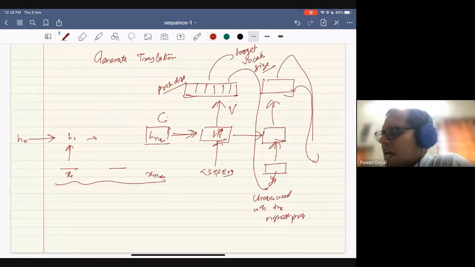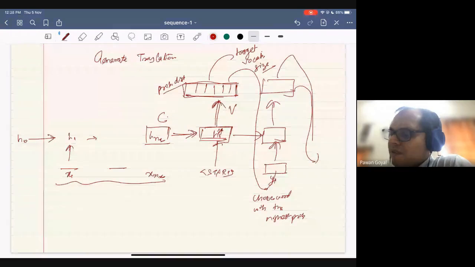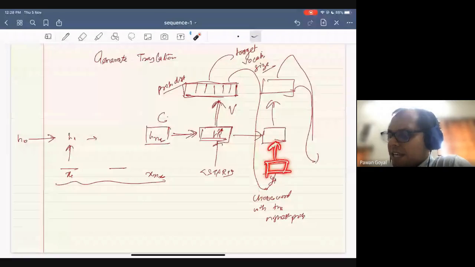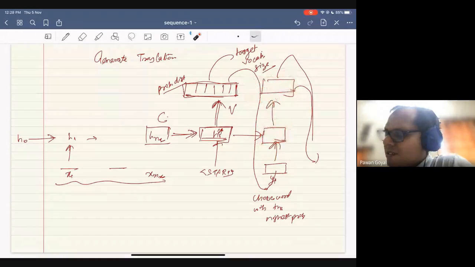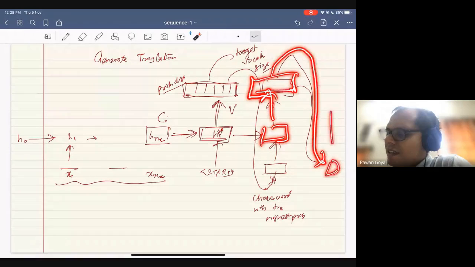From there, I will try generating something. Everything is trained, so I will keep on getting these things and get a probability distribution. From there, I can sample the word with the highest probability, use it as the next input in this decoder RNN, generate another probability distribution, take the maximum probability word, and do that.